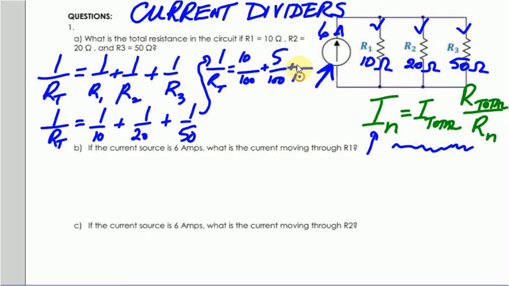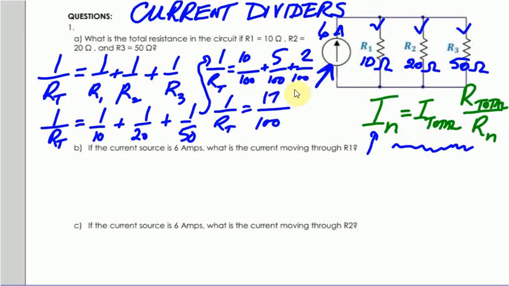And 1 over 50 is the same as 2 over 100. So it looks like this. So 1 over RT equals, add them together. Now I've got a common denominator of 100, so I can add them together, and that comes out to 17. So I get 17 over 100.